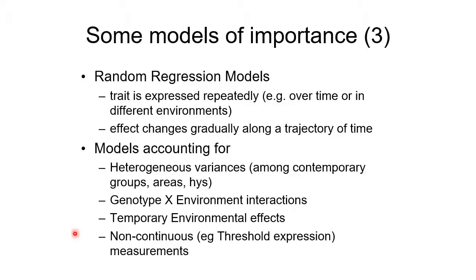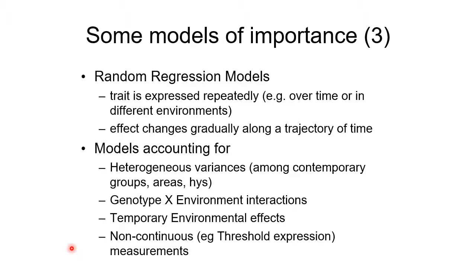And then we'll also talk about that a little bit later as a so-called non-continuous or threshold expression of measurements, and that is where you have threshold traits or binary traits such as calving or not calving. It's expressed as a full calf or not a calf in terms of calving, but we know that there is a continuous scale of additive variance.